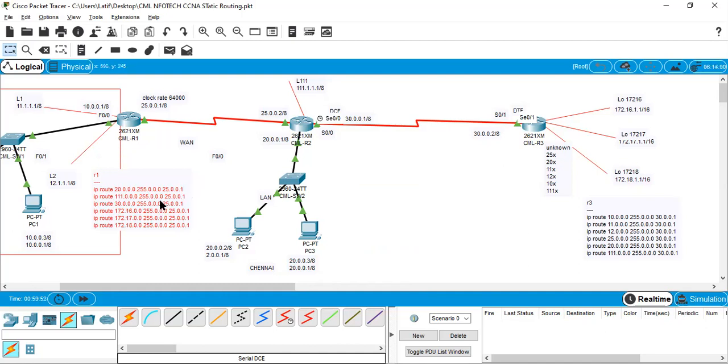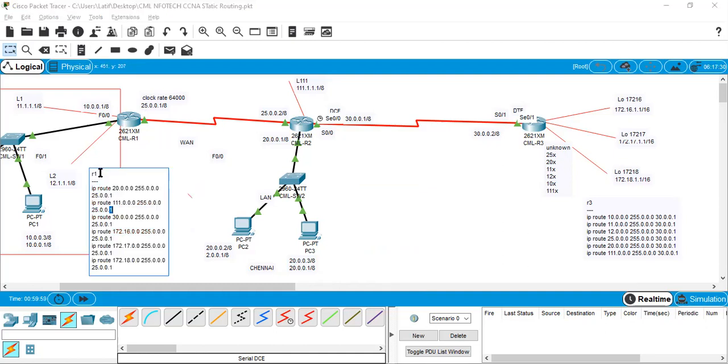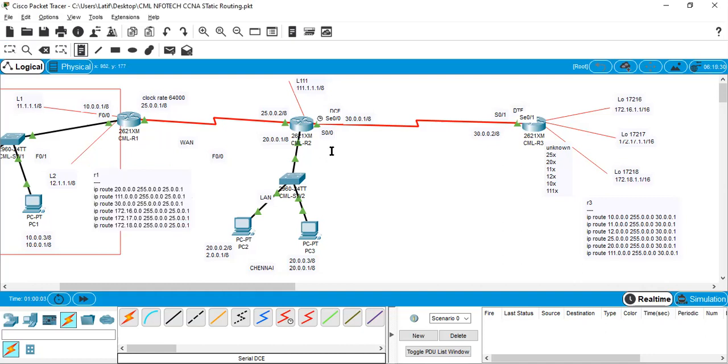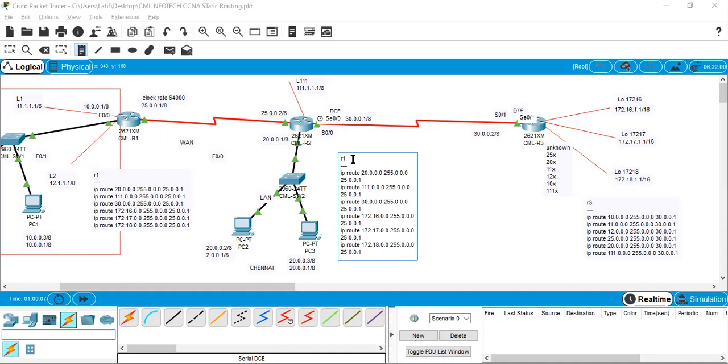Is this clear? Now it's a bit confused area. When you write about R2, it has an unknown network on both sides, R1 plus R3. Let's say R2's unknown networks are 10, 11, 12 towards R1.